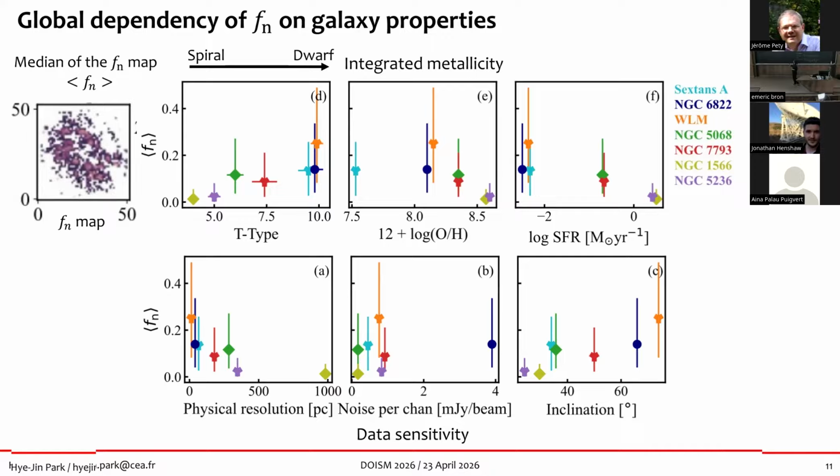And same for the y-axis, the median of the narrow fraction. What we can find is the better the physical resolution, the higher the narrow fraction. We didn't see any trend for the sensitivity, but we can find some trend in inclination.